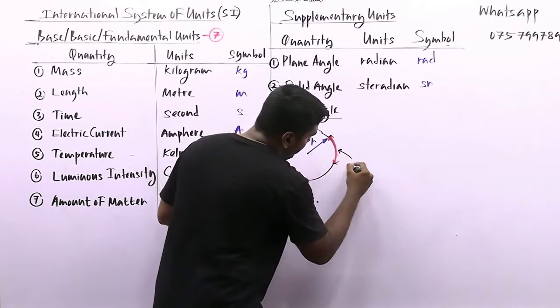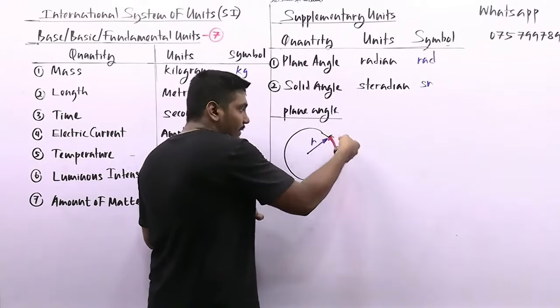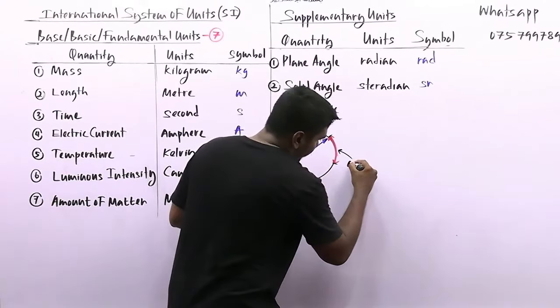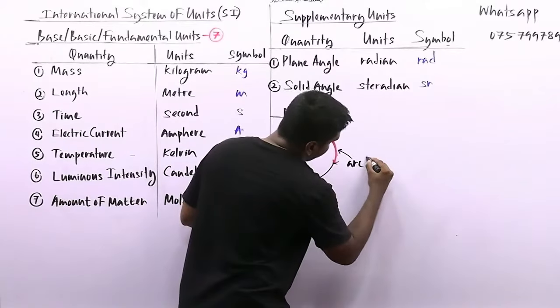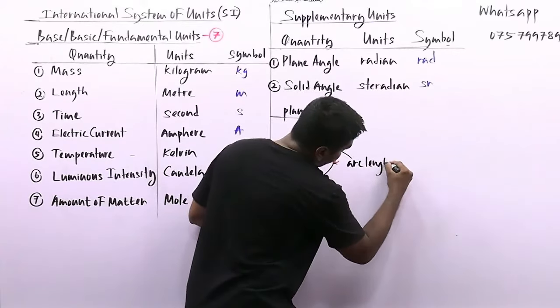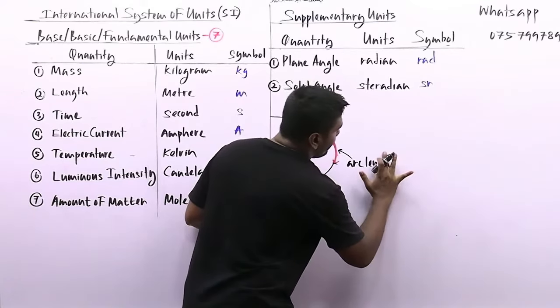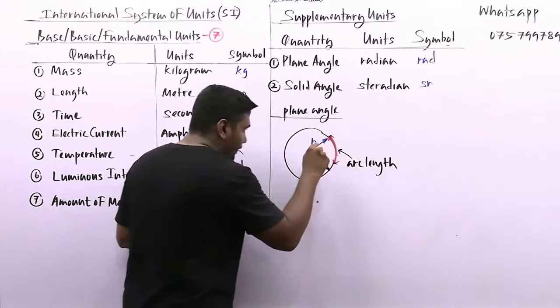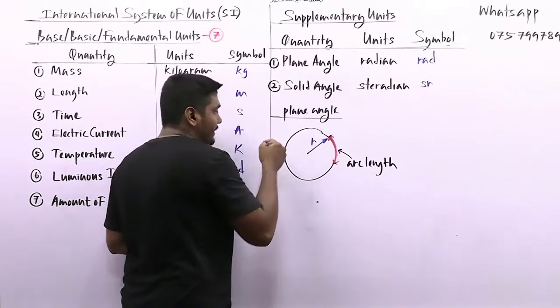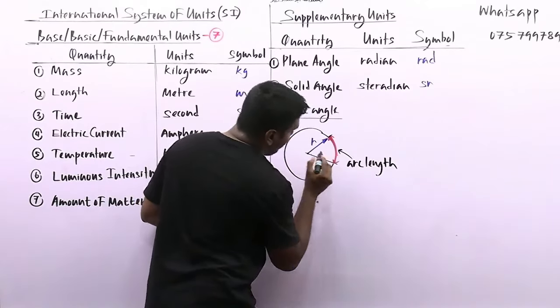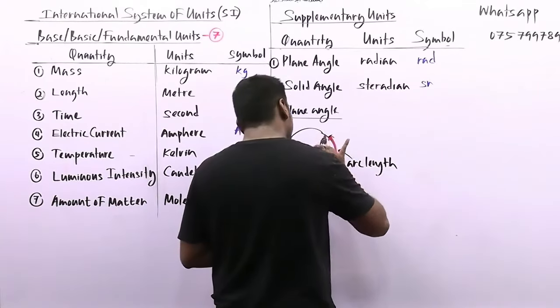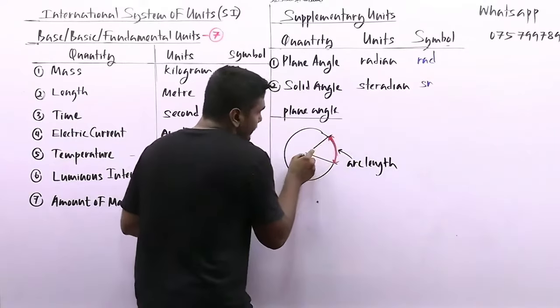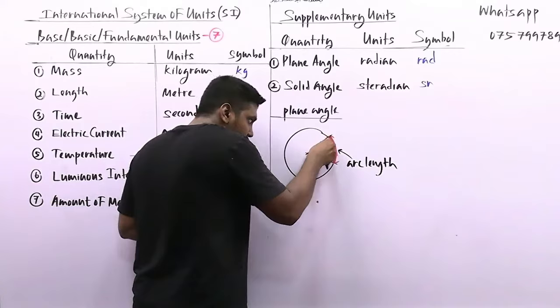Now you can select an arc of any length. When you select an arc length from a circle, the angle subtended by the arc length at the center is what we call the plane angle.